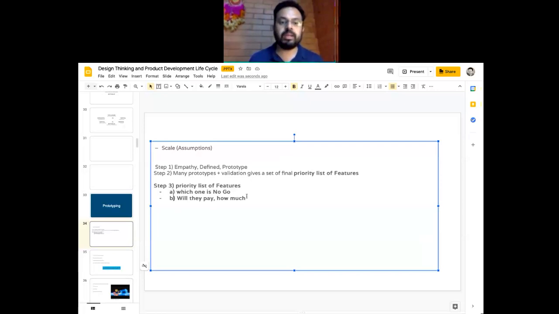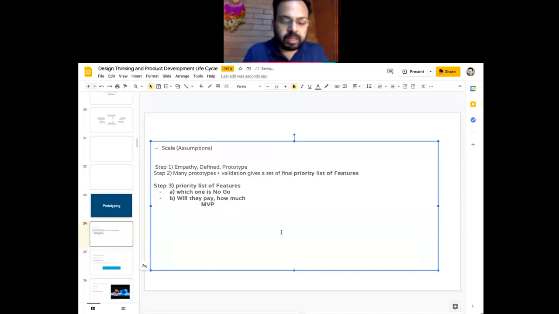Once that is clear, I want you to list that down first. Step 3 essentially leads you to what we call the MVP, a minimum viable product, where we determine what our product is going to be.